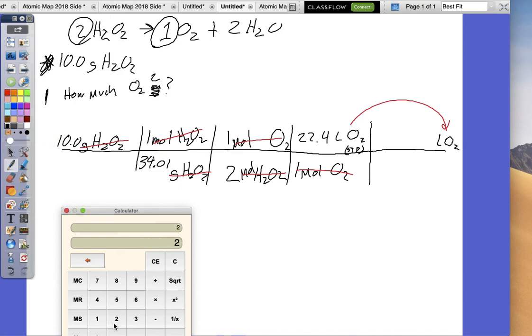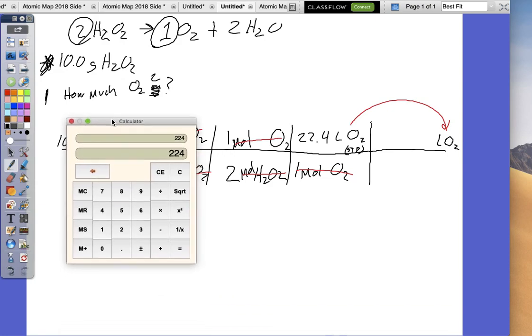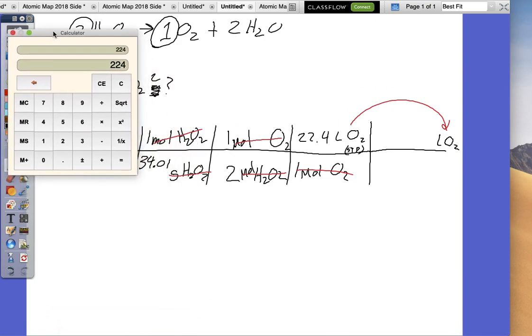So we have 224 divided by 34.01 divided by 2 equals, here we go. How many liters is it gonna make? 3.29 liters O2.